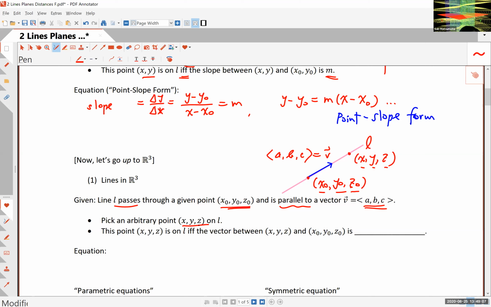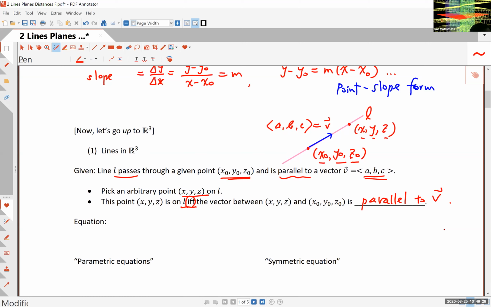Now the point XYZ is on this line L if and only if, IFF, the vector between XYZ and X naught, Y naught, Z naught is parallel to V. Get that? Okay, so it's really not a hard thing. Now you just have to translate that into the language of mathematics. You guys all speak that language, right?